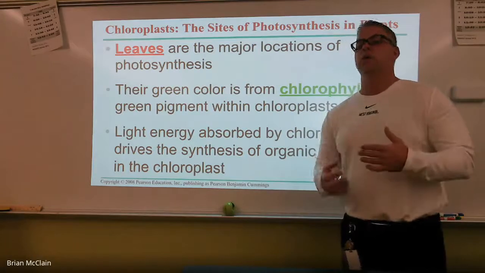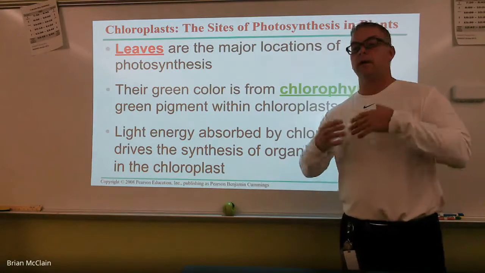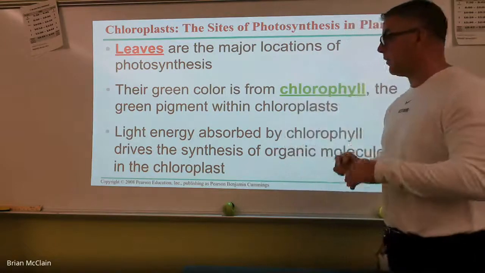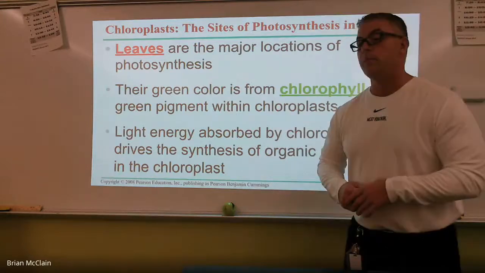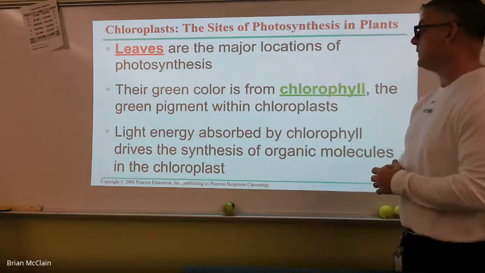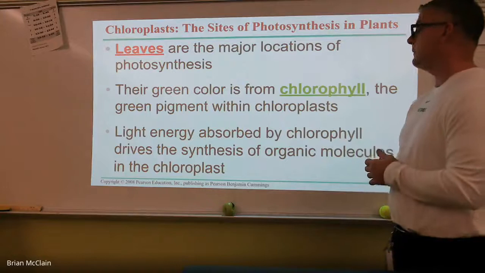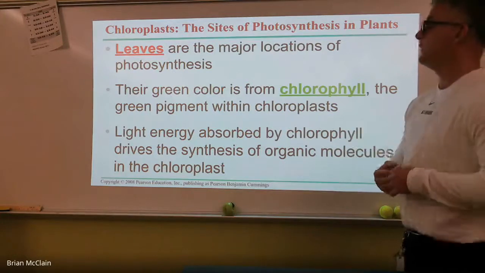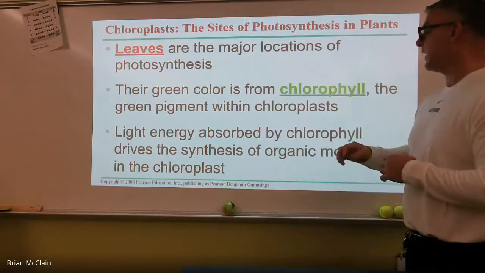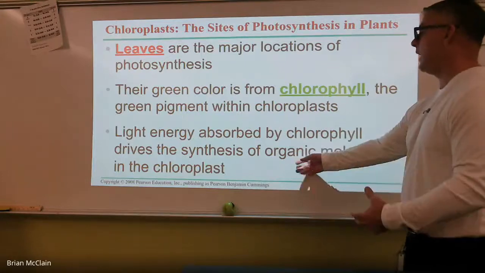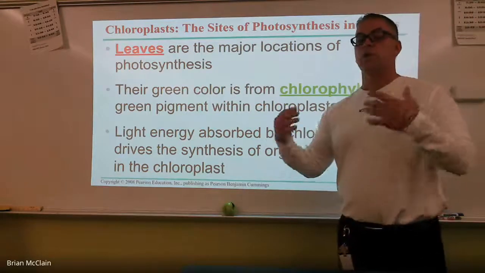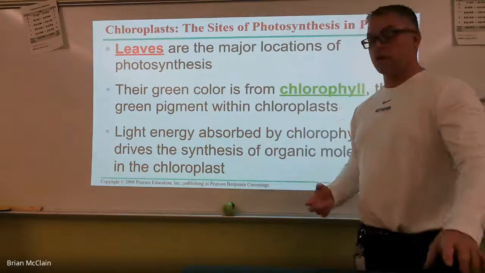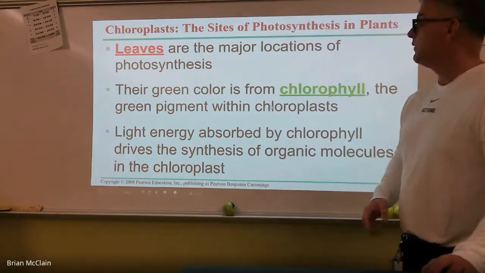So we have more than just one pigment type. Chlorophyll A is what we consider our dominant pigment, but we're going to see that there are other pigments available as well. They're going to take that energy and drive the formation of the organic molecules, which primarily are the sugar molecules that we're trying to develop through this process.